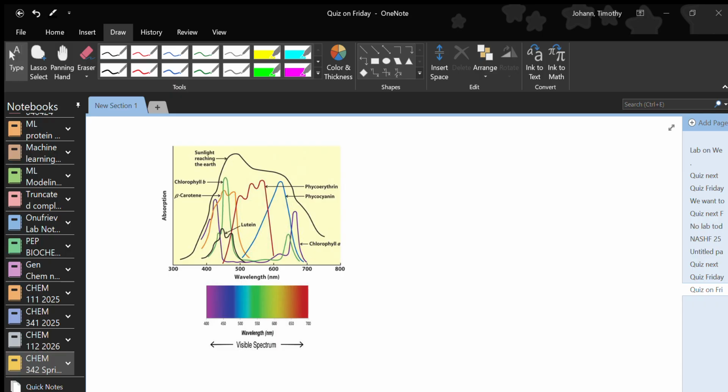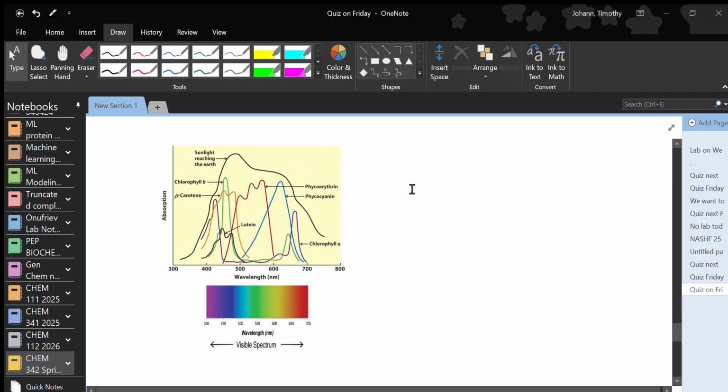And actually, this is for photosynthesis. This is the part we use, this energy down here. And so we're missing all this other light that comes in. The point here is the sun gives off a broad range of wavelengths.